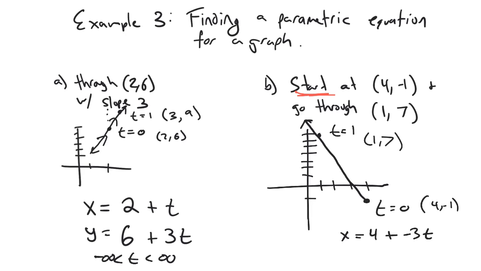You could obviously just write minus 3t. And then y equals, the first y value is negative 1, plus we go up 8 units for y to get from negative 1 to 7, so plus 8t. And my restriction on t is going to be t is greater than or equal to 0.